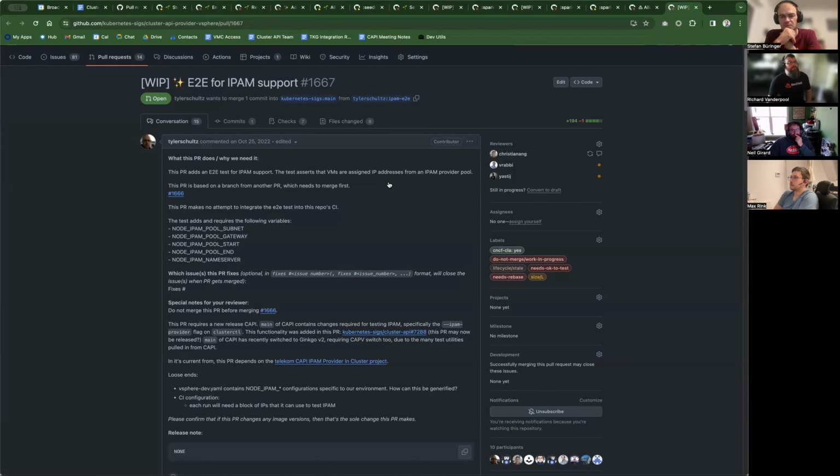Yep. We also have some form of testing setup. It's basically split between just using the Infoblox provider as IPAM, so not having the in-cluster IPAM, which is a lot easier to deal with, or having static networks for each test and a maximum number of tests that can run concurrently. Yep.